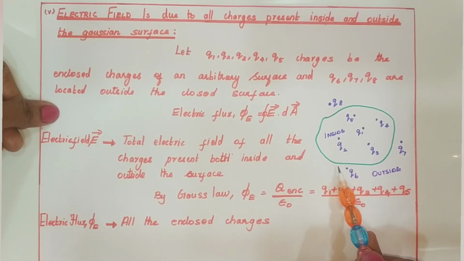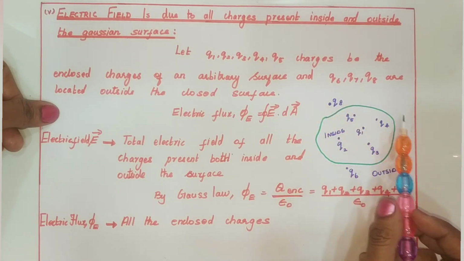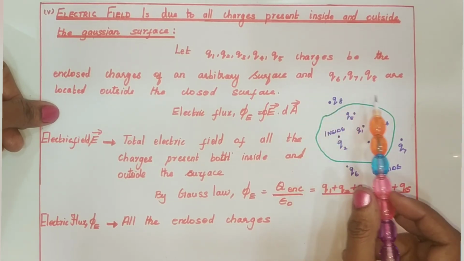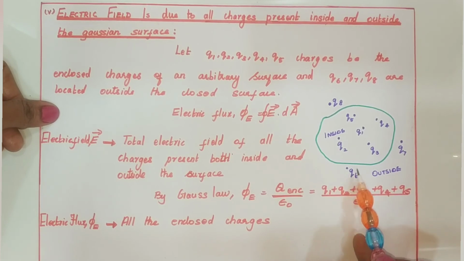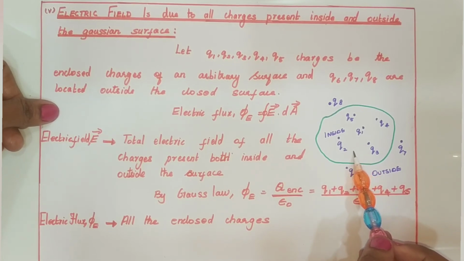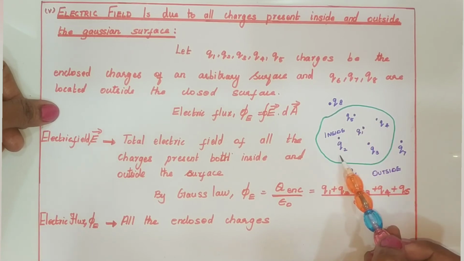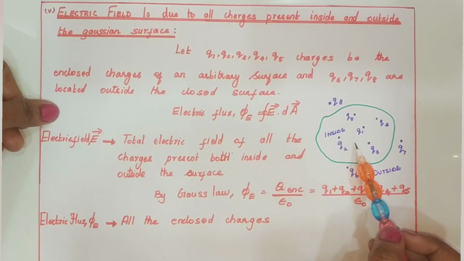But when calculating the electric flux, the charges which are present outside will not contribute any flux. Only the charges present inside will contribute. So, according to Gauss law, the charges enclosed must be considered for finding the electric flux.